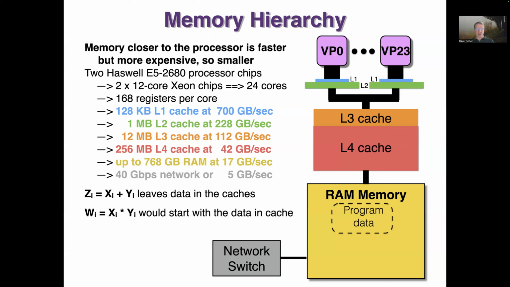So again, I have some typical numbers on the left there. You might have 168 registers for each compute core. There might be 128 kilobytes in L1 cache, and it's very fast.